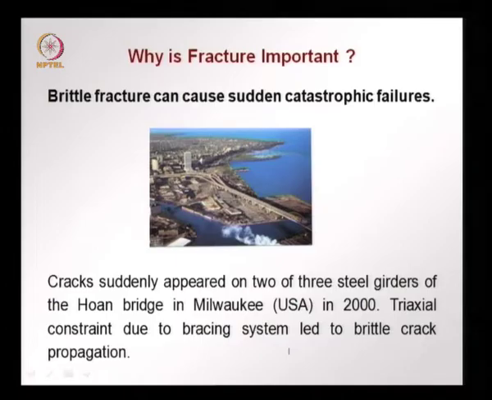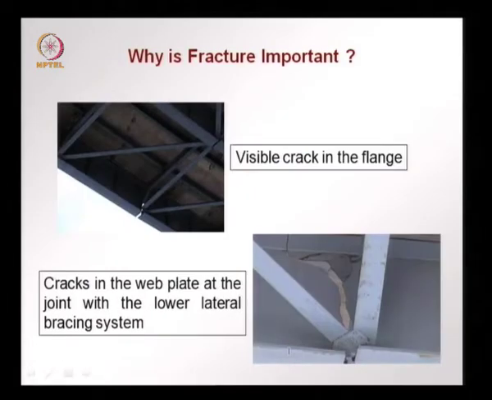It was confined so much, it was constrained so much that the material could not yield, but failed due to brittle cracking. And these are some of the cracks that you see in the flange and in the web plate. This occurred over a period of a few hours and the bridge was then made unserviceable.